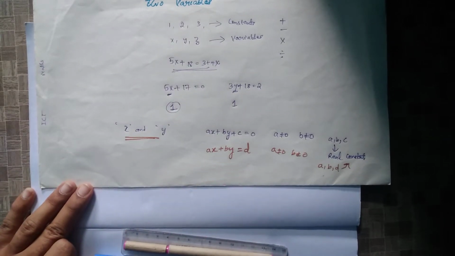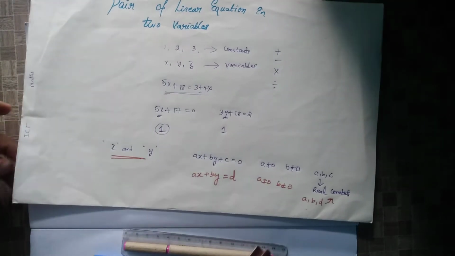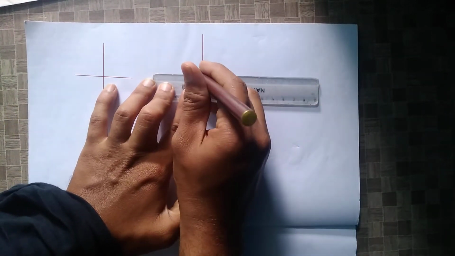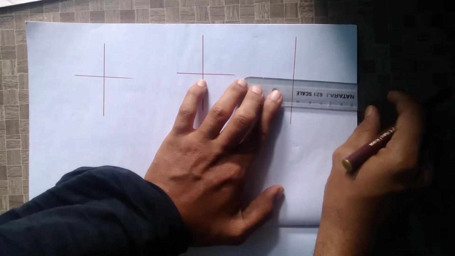Next we discuss the graphical representation of linear equations. We draw graphs like this. These are the three graphs we have drawn.